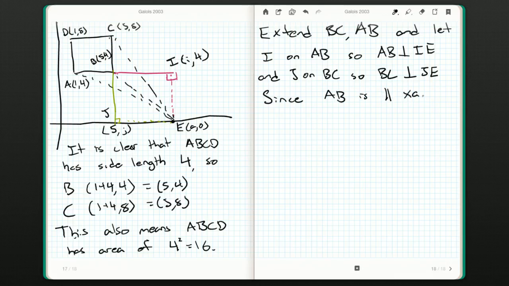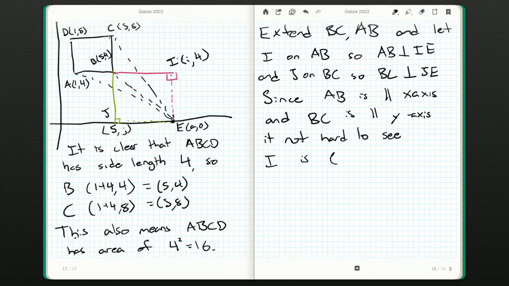So since AB is parallel to the x-axis, and BC is parallel to the y-axis, it is not hard to see I will actually share the x-coordinate with E, because AB is parallel to the x-axis, so EI being perpendicular to AB has got to be parallel to the y-axis, so they will share the same x-coordinate.